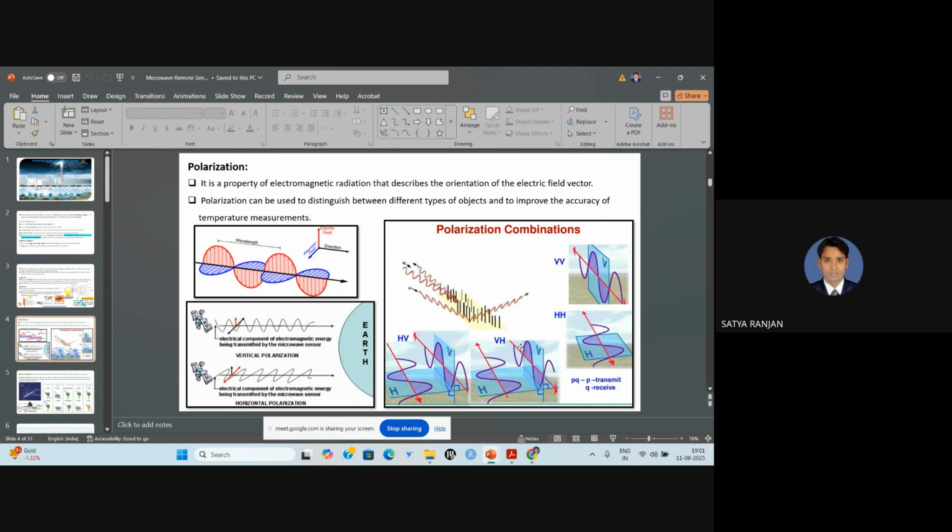It just is incident on the particular area, then it is backscattered. This backscatter may be vertical or horizontal, and the incident wave can also be horizontal or vertical.